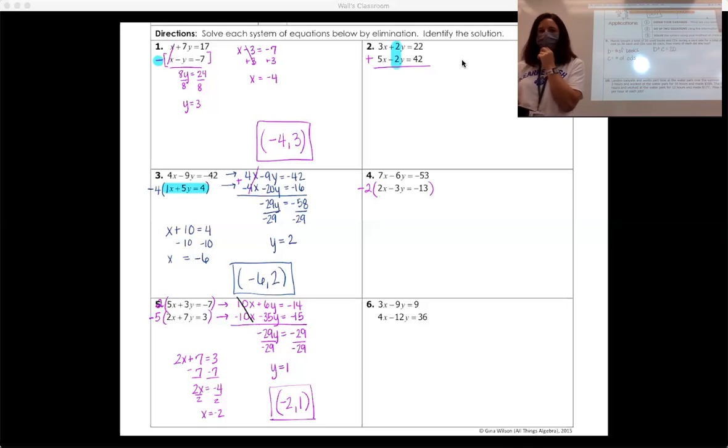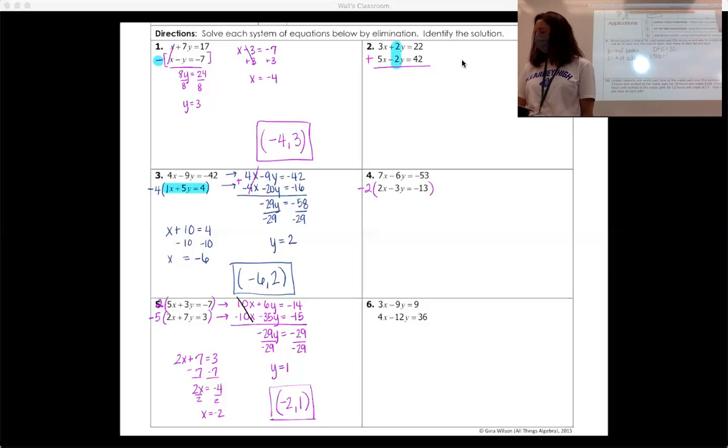So the money aspect of this is that she bought the books for $1.50. So to figure out how much money she spent on books, we do 1.50 times B. And she bought CDs for $5.